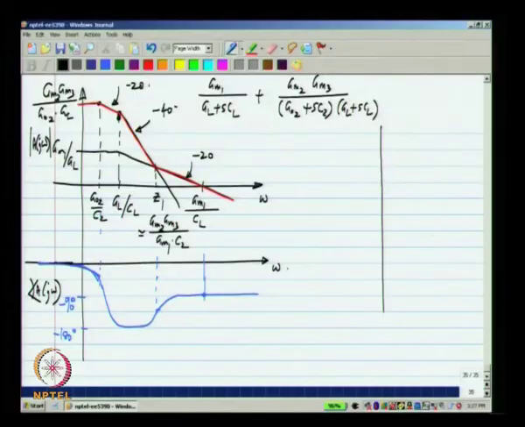And what is the Nyquist plot? It is the plot of the imaginary part of L versus the real part of L, the loop gain, as the frequency is varied from low to high values, from 0 to infinity.